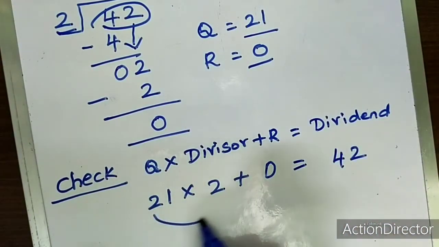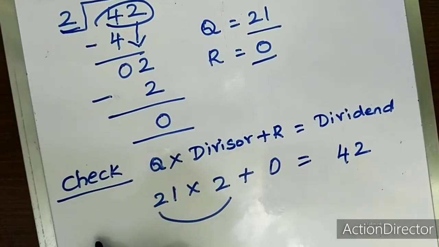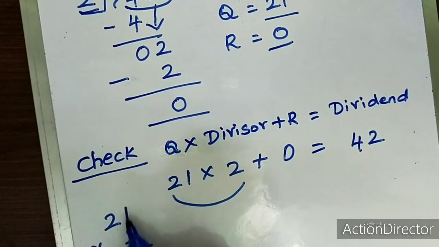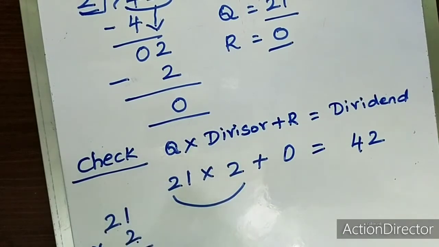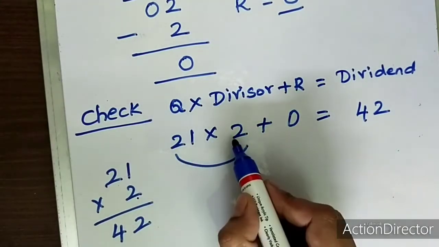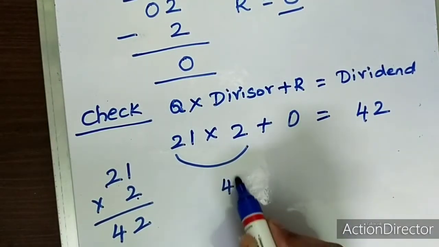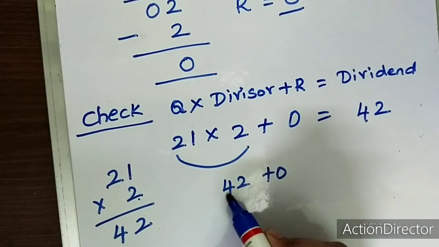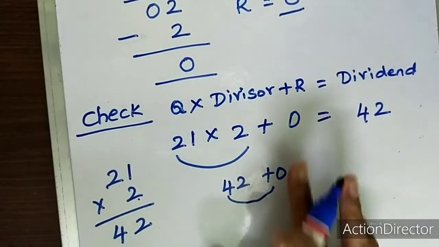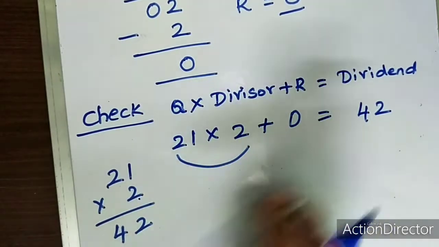What is 21 into 2? 2 1s are 2, 2 2s are 4. So the answer is 42. 21 into 2 is 42. Any number added with 0 will be the number itself, so 42 plus 0 will be 42.